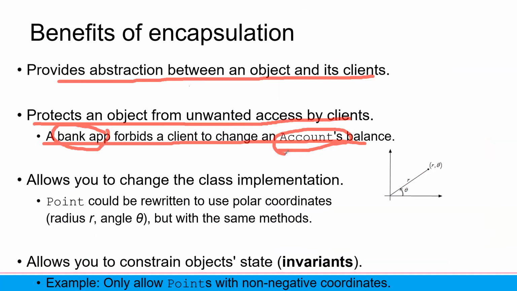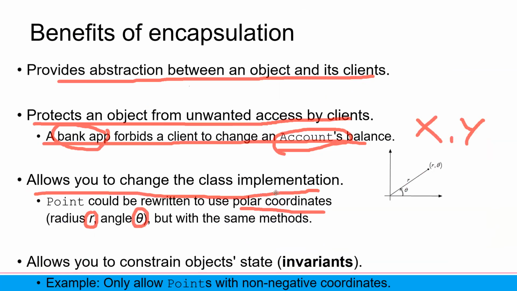And this encapsulation allows you to change the class implementation. For example, you have the X and Y for the point, but I want to change to another kind of coordinates. We call it polar coordinates. So the X and Y can be changed to R, which is the radius, and then the angle.